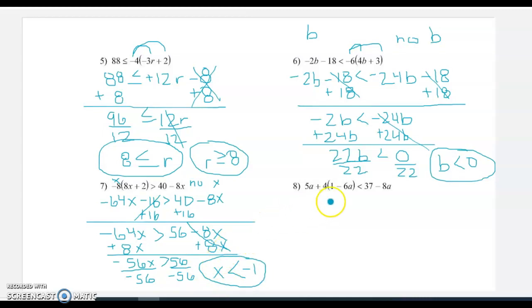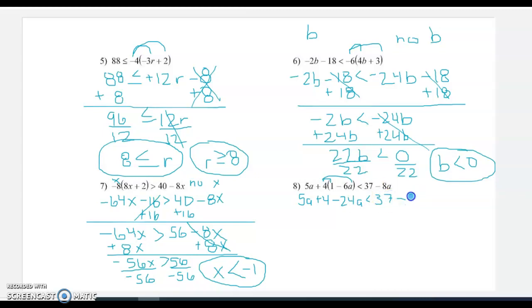All right, one more to go. This is definitely the hardest one. It's got everything we've ever done before with equations and putting it in with inequalities. So we have to distribute. So we have 5a plus 4 times 1 is going to be 4. 4 times negative 6a is negative 24a. And we are less than 37 minus 8a.